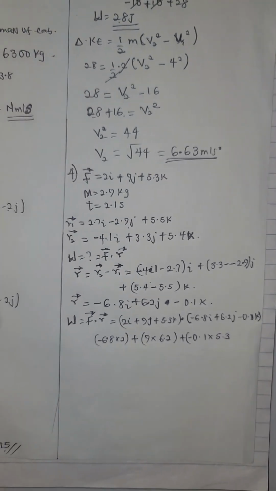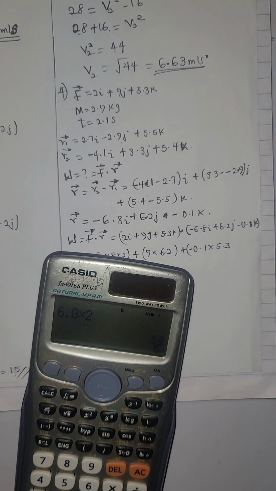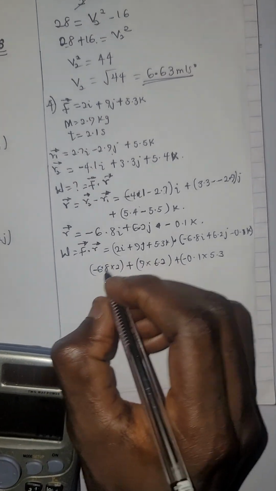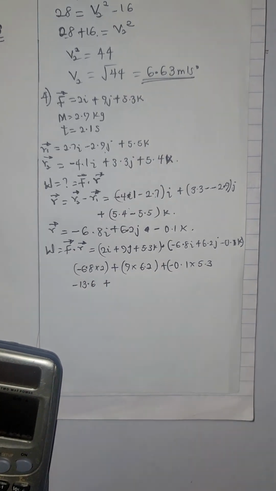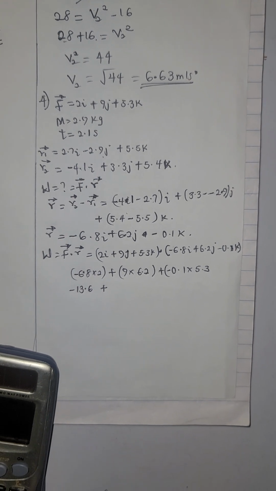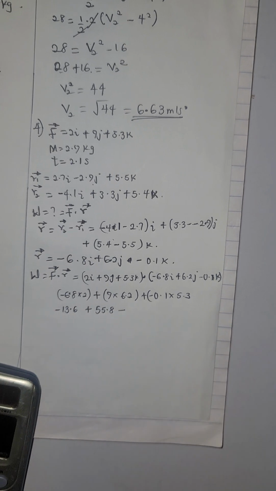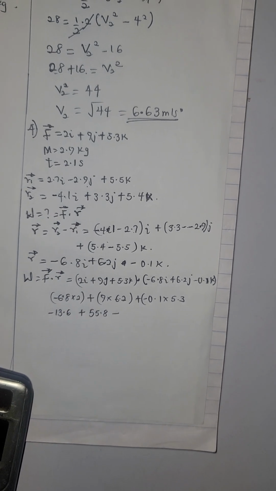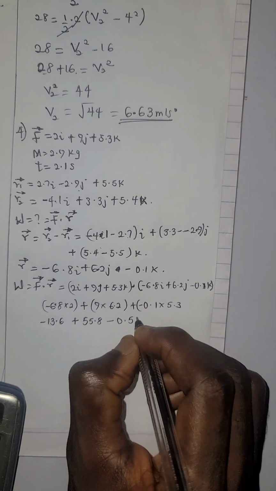So this one will be 6.8 times 2, we have minus 13.6, plus 6.2 times 9 will be 55.8, minus 0.1 times 5.3, this one will be 0.53.